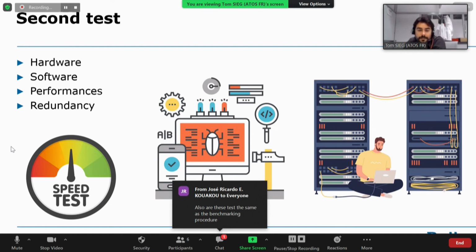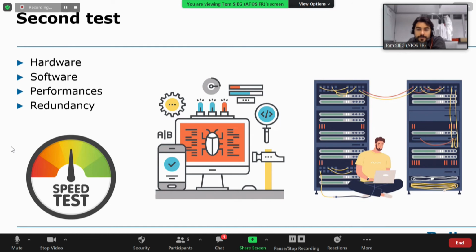Yeah. Also, are the tests the same as the benchmarking procedure? The benchmarking procedure can be put in place at the end of the software installation, because you will need the job scheduler, the OpenMPI environment, and all stuff like this.